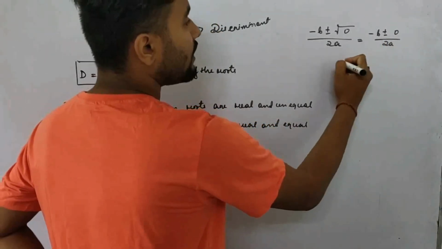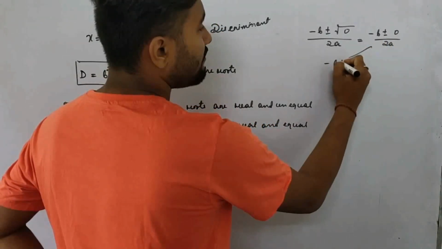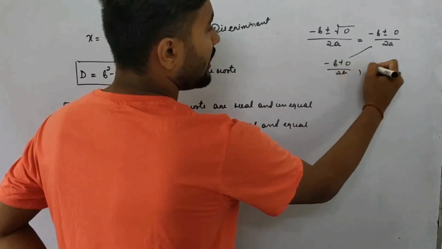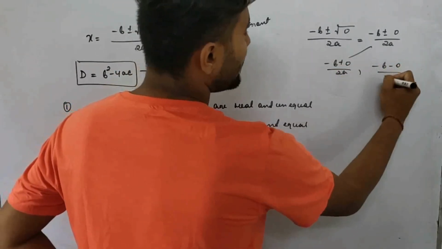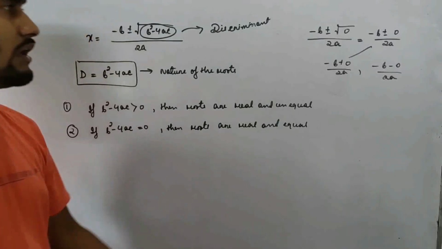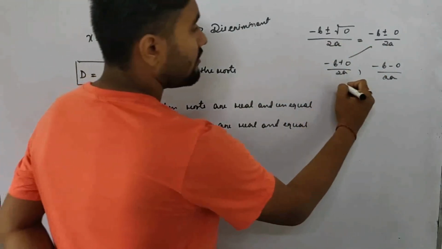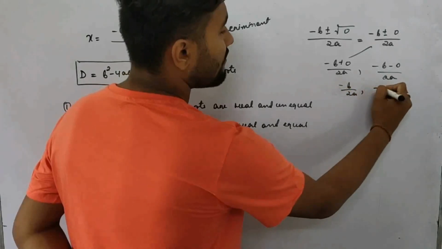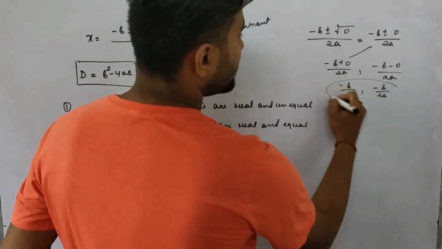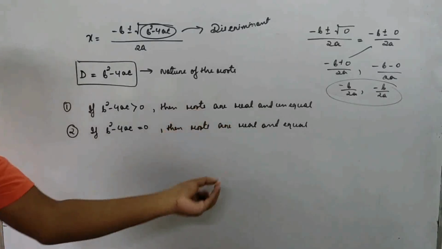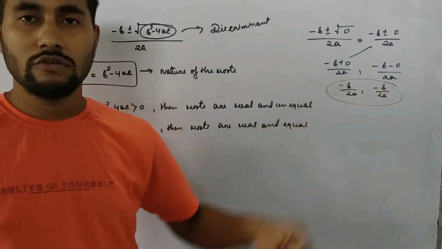So my two roots will be one minus b plus 0 by twice a, and another minus b minus 0 by twice a. Plus 0 and minus 0 doesn't matter. Anyhow, I will get minus b by twice a, comma minus b by twice a. So my roots will be real and equal.